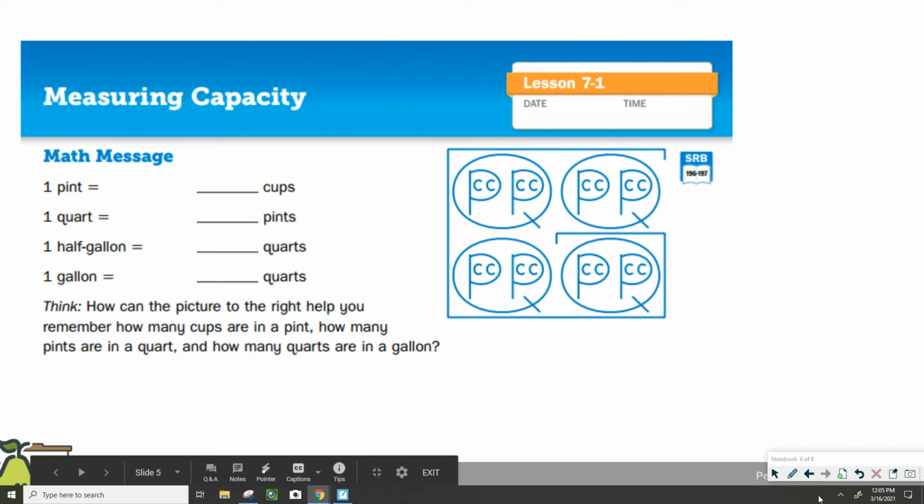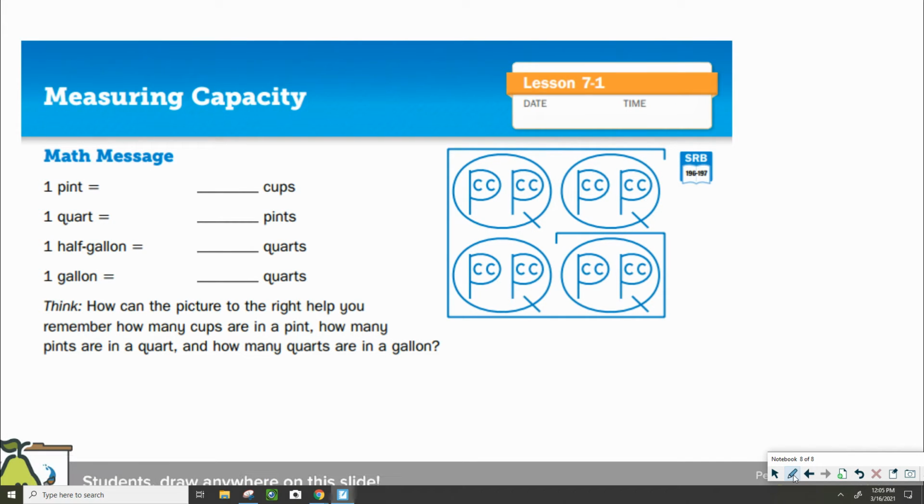So there is something that we call Gallon Man, or you can use this right here. This is a picture representation of how to do your conversions. So if I look here, I have a big letter G. You can see that is my big letter G right here. That G stands for a gallon.